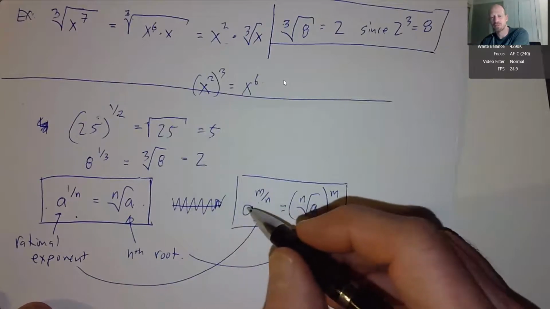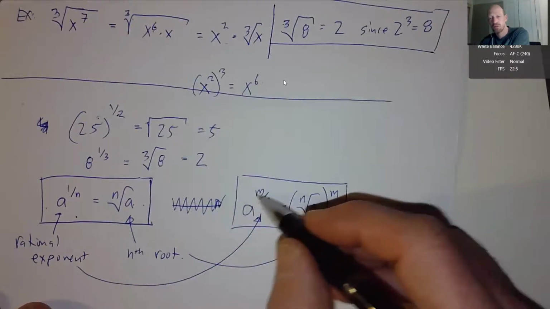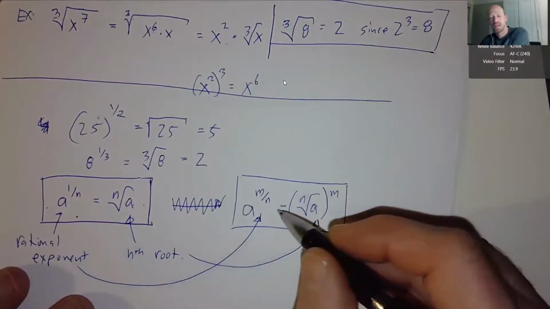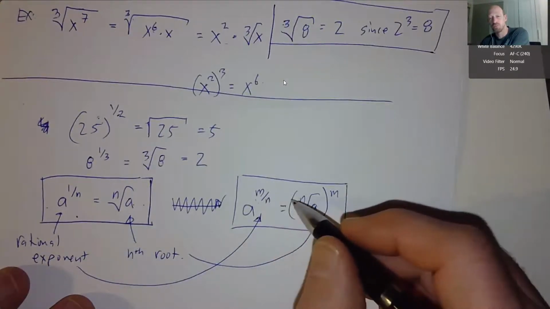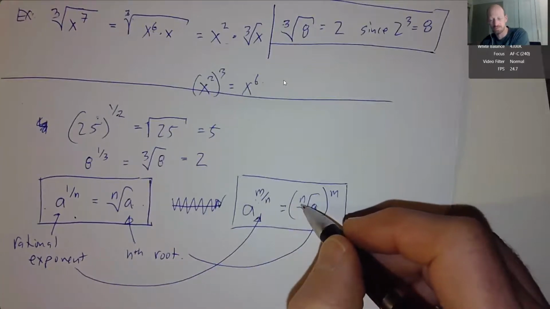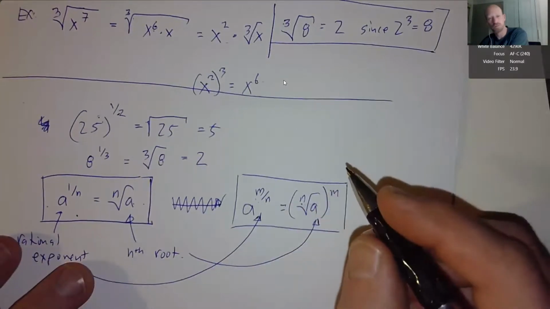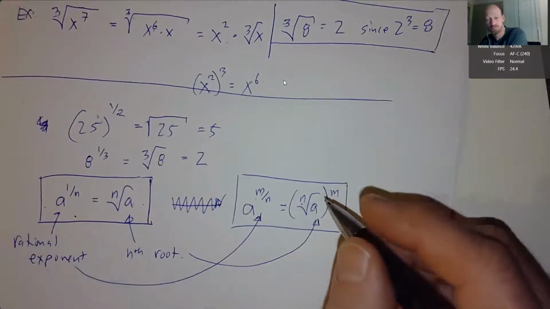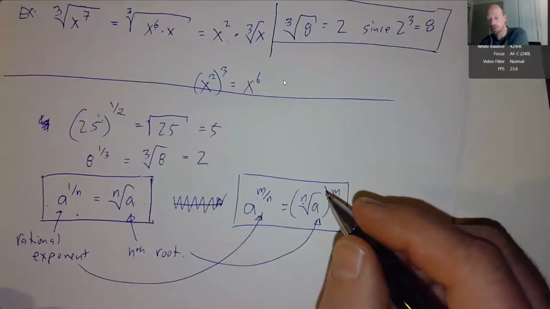This is saying what happens if we have a numerator. The numerator just ends up being like a regular power. The denominator is the root, the part that reduces the number. The numerator is a normal power.